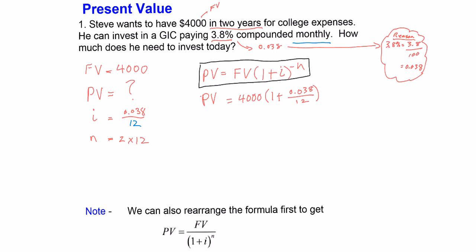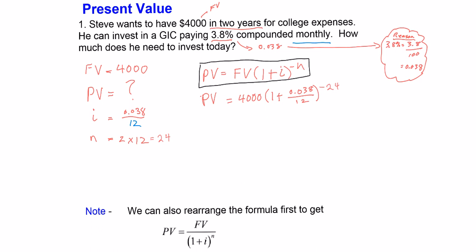That's what our I value was. And then we raise that to negative, well, what's negative 2 times 12? That gives us 24.